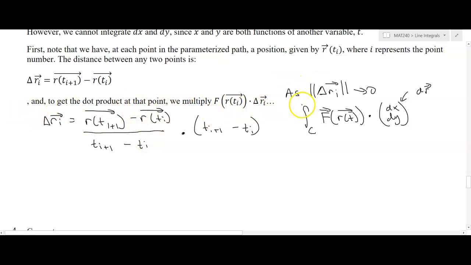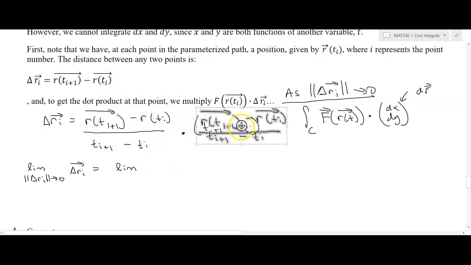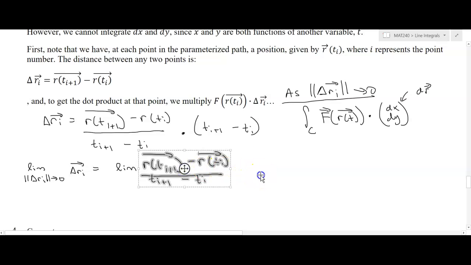So as the length of delta r approaches 0, the limit of the delta r_i vector is the limit of this whole expression, multiplied by this thing here, which we're going to call delta t. That's just the change in time.